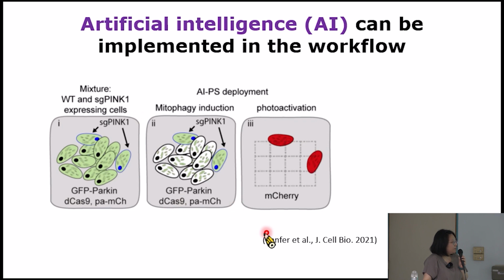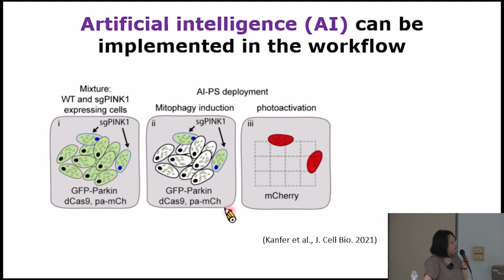In this paper that's published in 2021 in Journal of Cell Biology, this group of scientists tried to implement the AI system into the targeted illumination or targeted genomics. And they first want to test if the AI system they use is going to be able to detect a known mixed population.